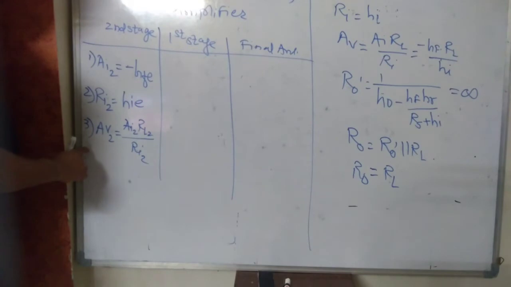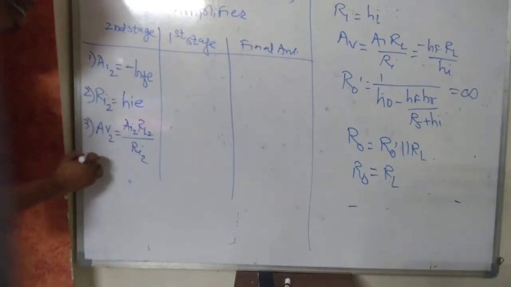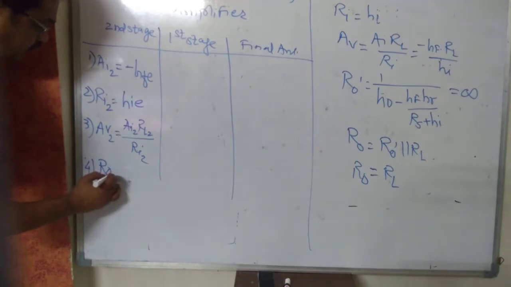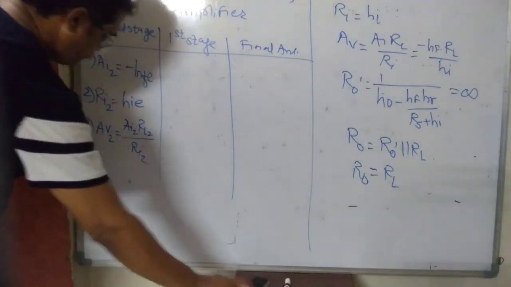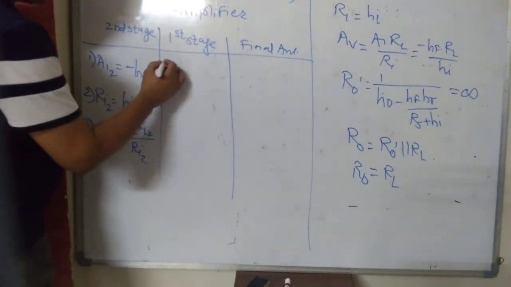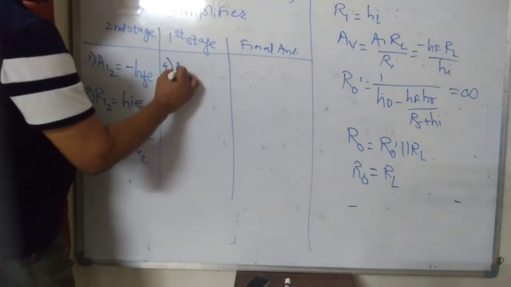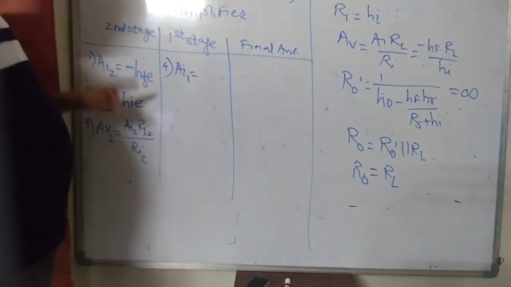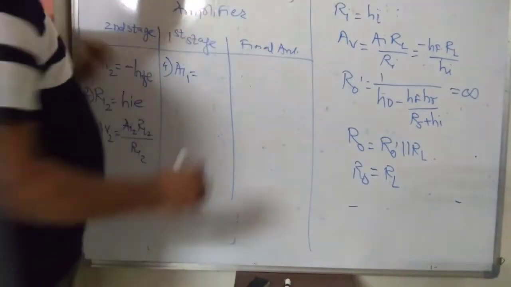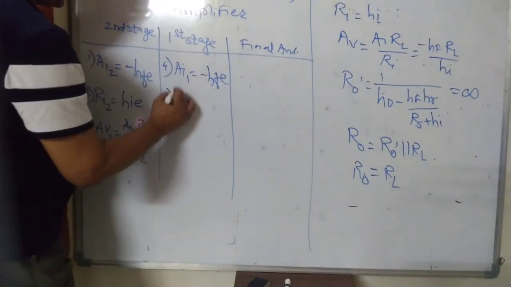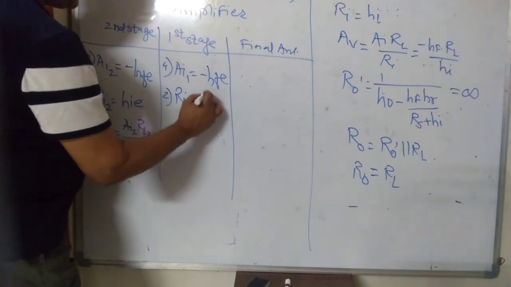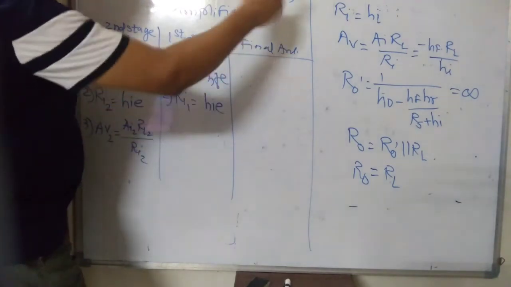Now, fourth, RO. So this will be decided afterwards. Next, we have to come to the first stage. Fourth number, AI1, again the same formula, minus HFE. RI1 equal to HIE.